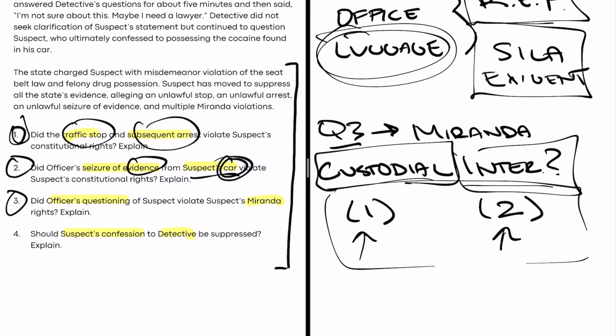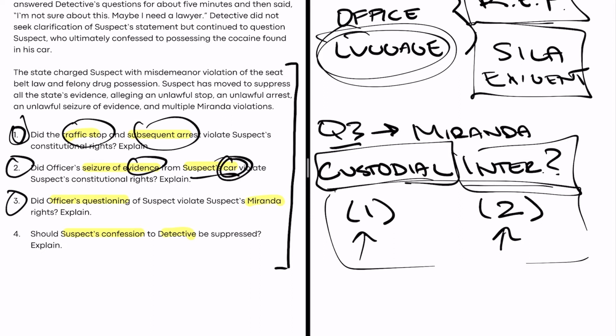As long as the person reasonably believes that he is not free to leave or otherwise terminate the encounter, and the police are engaged in actions that are likely to elicit incriminating responses, that's a custodial interrogation. Meaning a custodial interrogation can happen anywhere. It can happen at the scene of an arrest. It can happen in police headquarters, can happen anywhere. So that's what we'll be looking out for with question number 3.